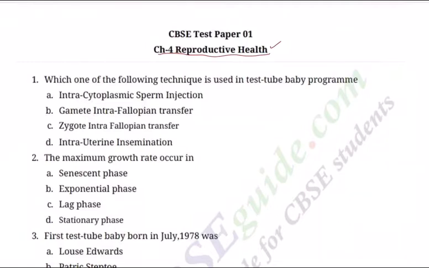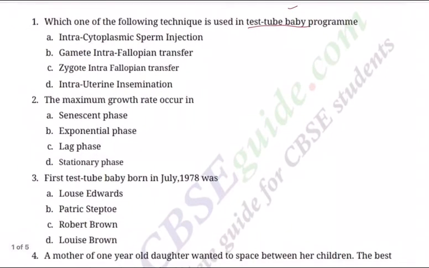Question 1. Which one of the following techniques is used in test tube baby program? Let me underline this, test tube baby program. A. Intracytoplasmic sperm injection. Gamete intrafallopian transfer. Zygote intrafallopian transfer. And intrauterine insemination.